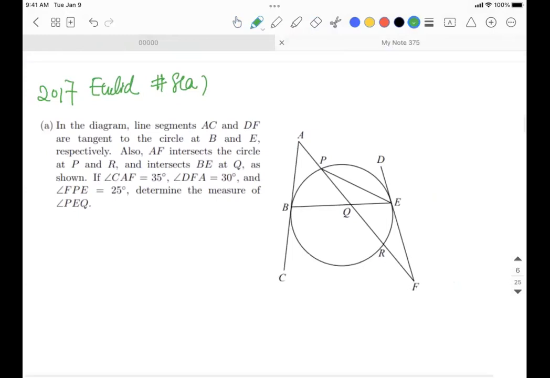So this problem says, in the diagram, line segments AC and DF are tangent to the circle at B and E, respectively.